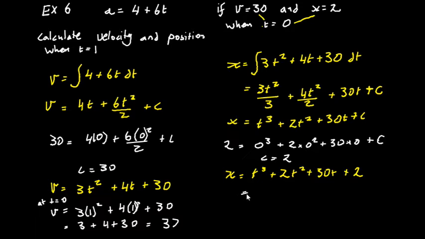And over here we have 1 cubed, 1 squared, and if we add that up, we should get 35. So there's our two answers.